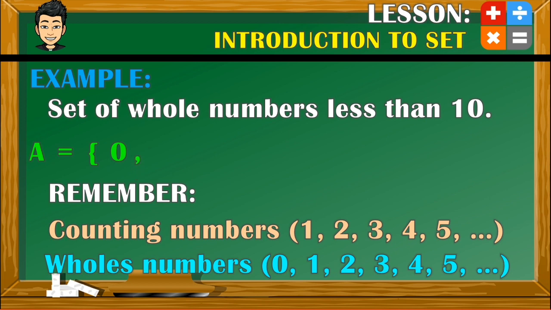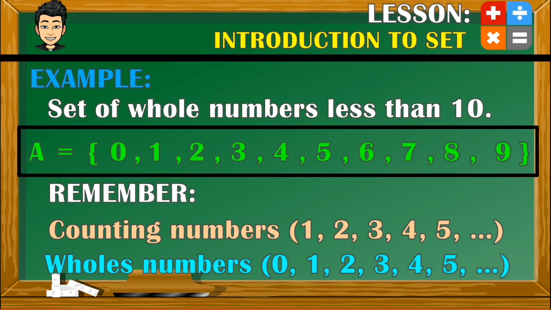Then comma, 1, comma, 2, comma, until we write the last element, which is in this case 9. Since the elements are whole numbers less than 10. Then we close the elements with a bracket. Remember that elements are separated by a comma. So this is how we represent a set. By the way, counting numbers are also called natural numbers.